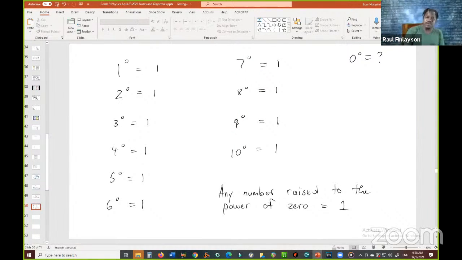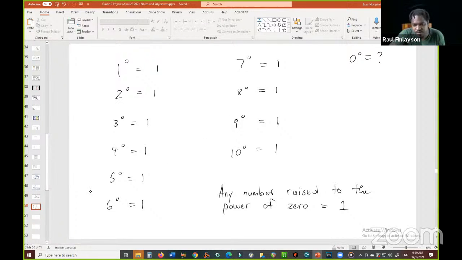Because we have tried all of what we call the significant numbers, the significant figures, which we have looked at before. And the answers here are 1. This is an interesting situation, but guys, figure out this one.